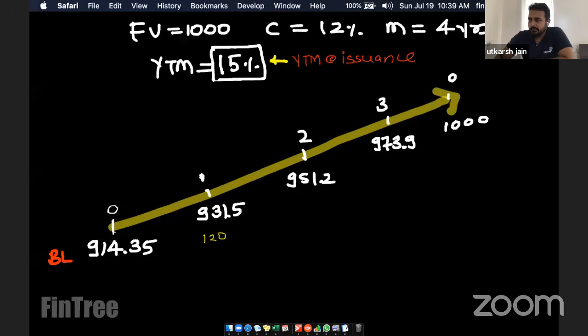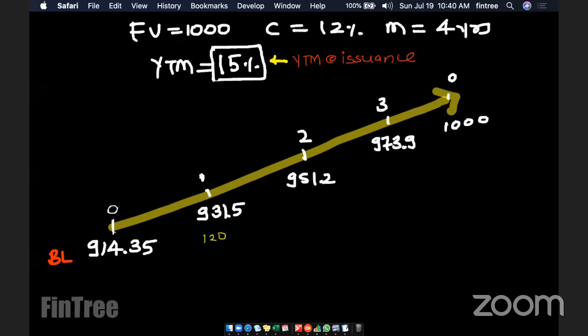Do you agree? So if you think from an investor perspective, he has not invested 1,000, he has invested 914. And at the end of fourth year, he's going to get 1,000 back. So that is also a part of the earning, which can be captured by looking at the difference of these two amounts. So can you quickly calculate the difference between 931 and 914?